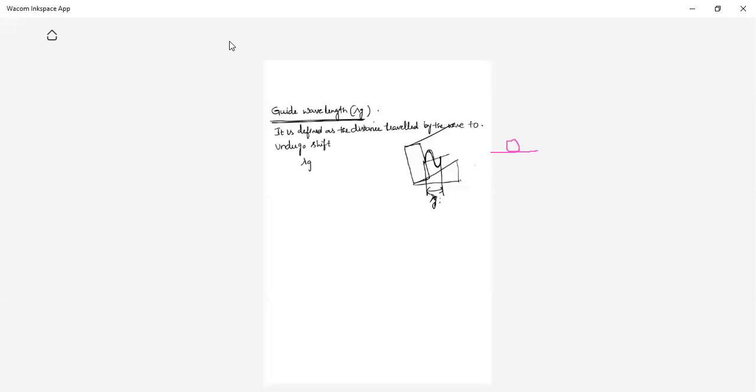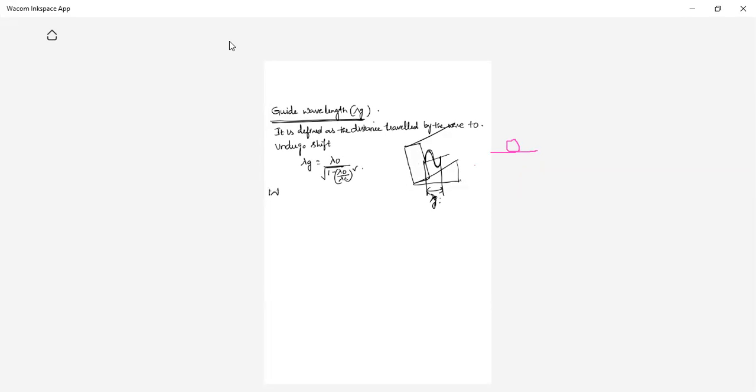So guide wavelength lambda g can be written as lambda naught by square root of 1 minus (lambda naught by lambda c) whole square. So this is what guide wavelength is.